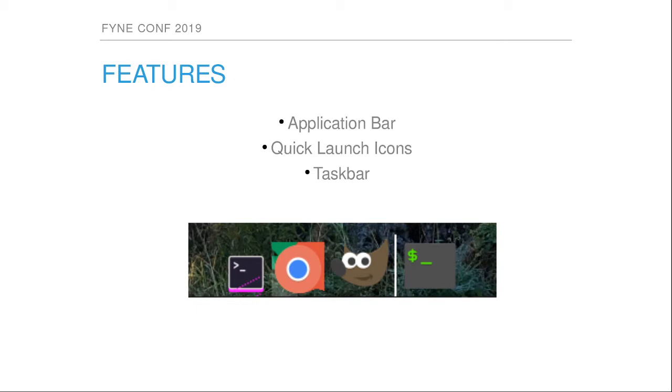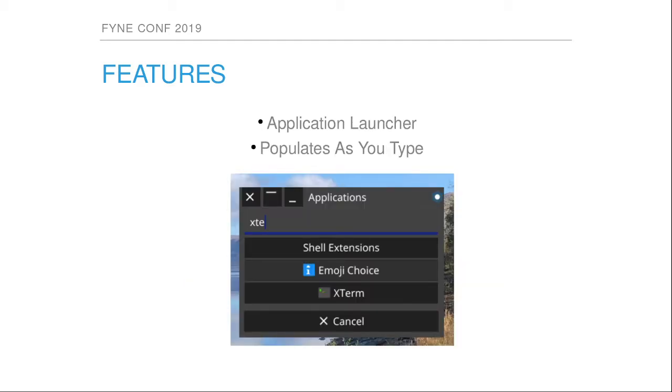This is where you will get your standard idea of what windows you have open. You can also open applications via the application launcher. So if the icons or apps are not in your app bar, we do provide an application launcher. It's pretty cool. It populates as you type, auto-completing what you're typing and showing you choices that match.